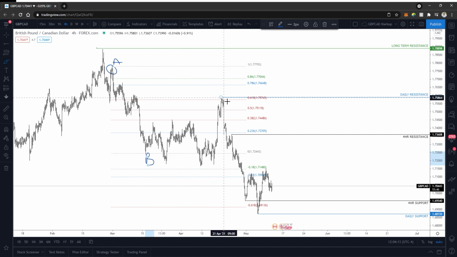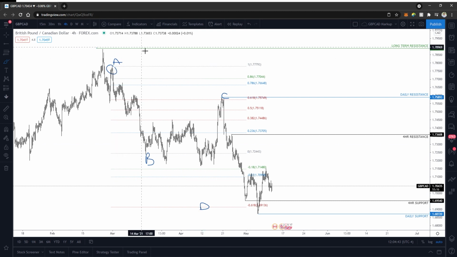So this becomes C. And then the D extension would have been here. Even if you had not been able to see all of this, just based off this markup you would have been able to tell, okay, I'm waiting for the pullback to enter for the long-term sale. So we hit a D extension right here. We hit it on May 6th and I missed this buy. Oh, Lord.